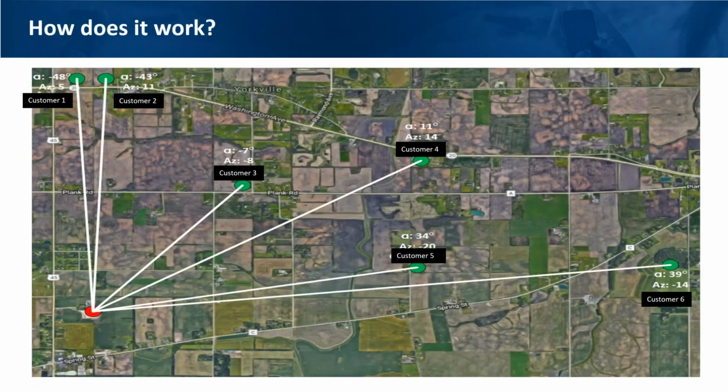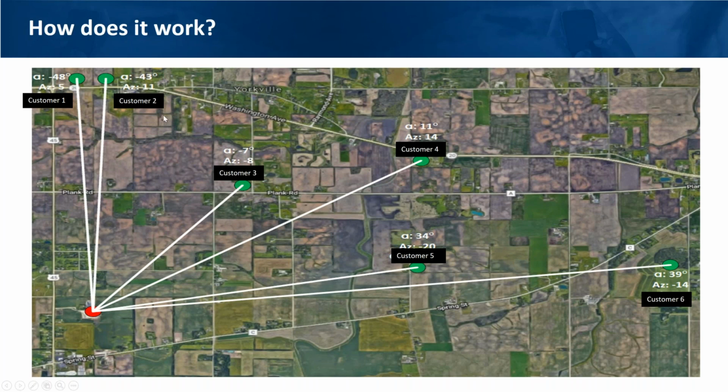So a little bit about how it works. What you see here is an actual 90-degree sector with about 6 subscribers. They're all Force 300-25 dish products. I don't want to get into this too much, but I want to convey some high-level concepts.